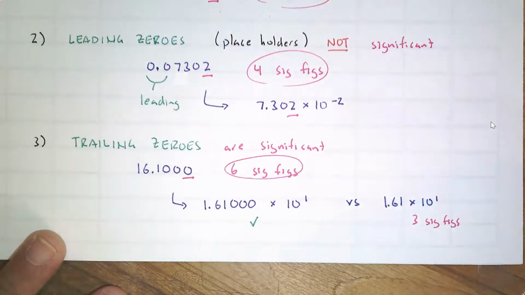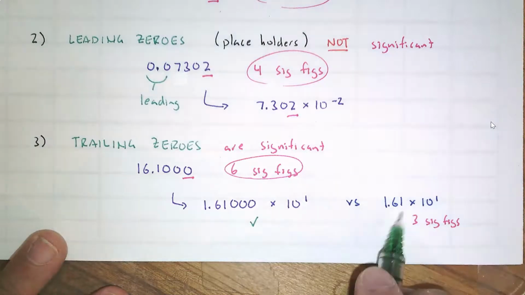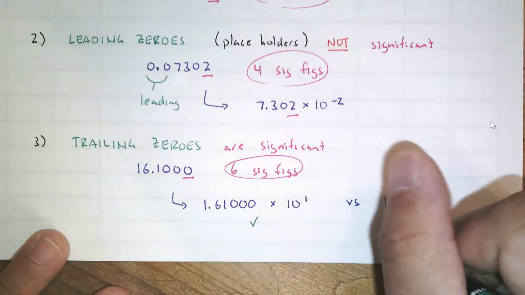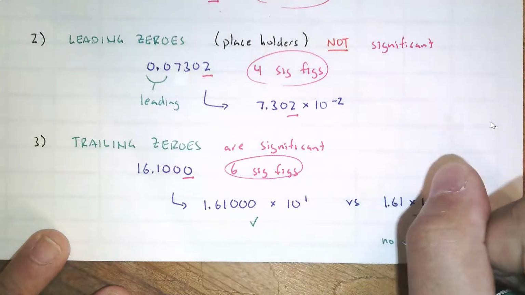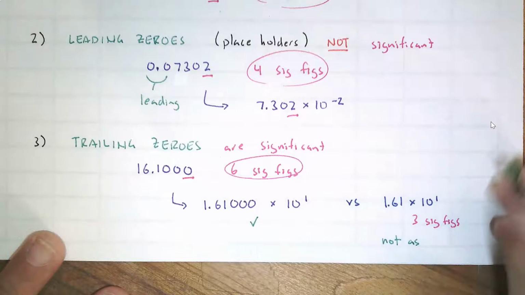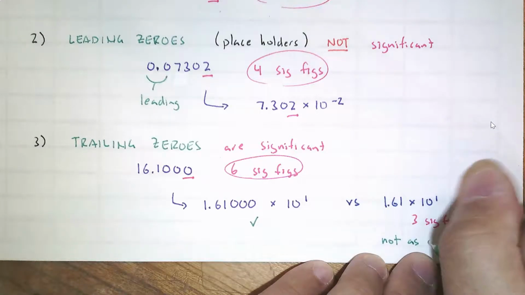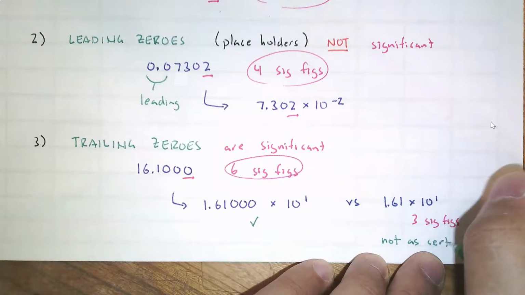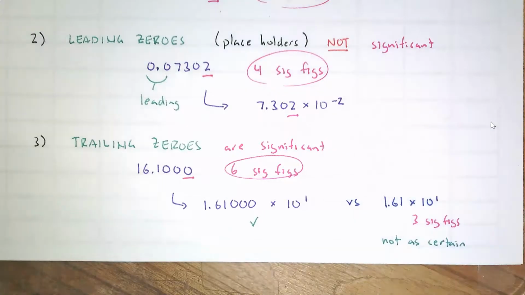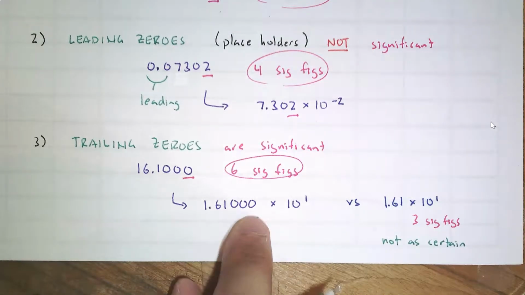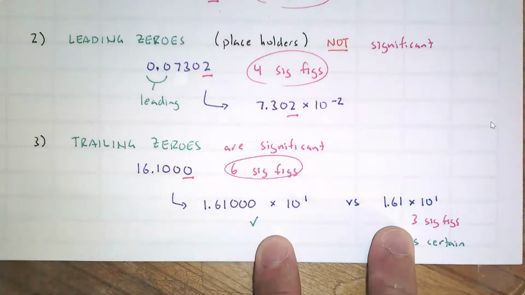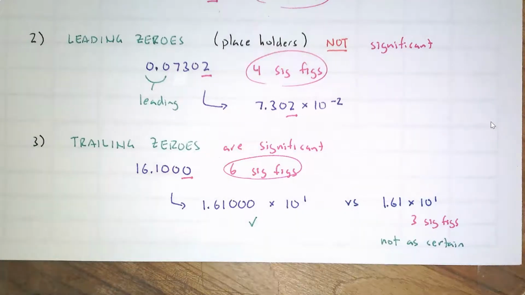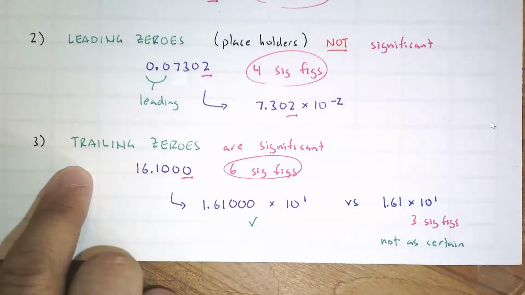So this is an indication to the audience that we are less certain about the digits after this one. Or we could say it's not as certain as 1.61000, even though they are identical in the eyes of the calculator. So that is a trailing 0.